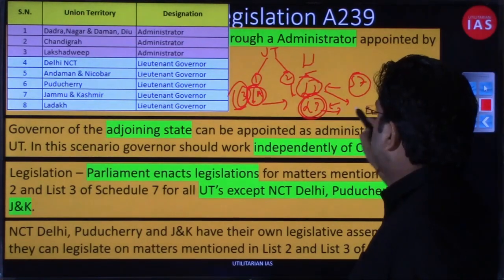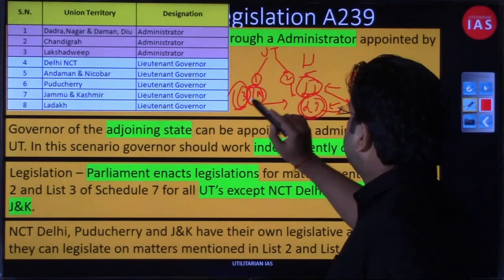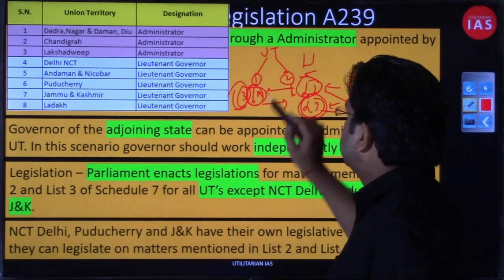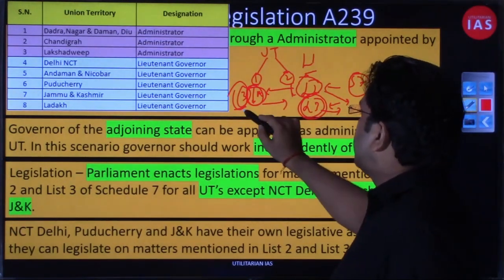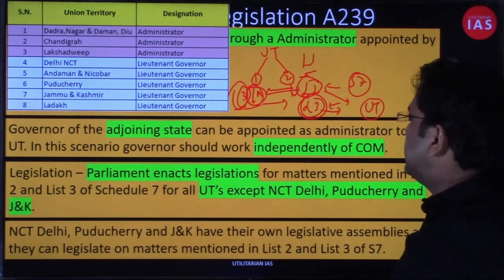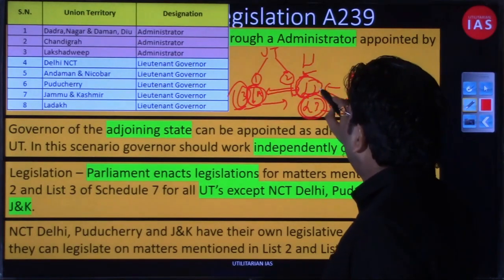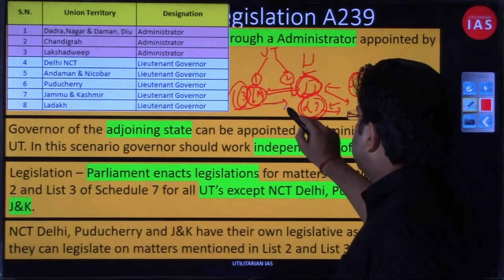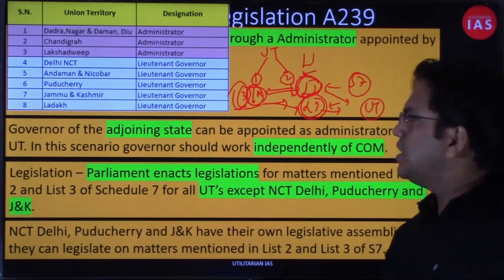But when it comes to union territories, especially those which have an assembly, they will legislate on the matters mentioned in List 2, and they will also legislate on the matters mentioned in List 3.